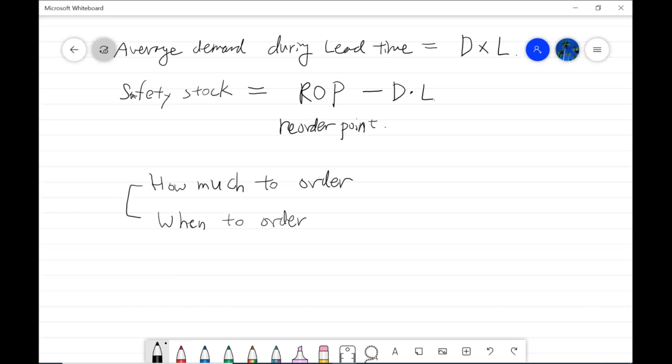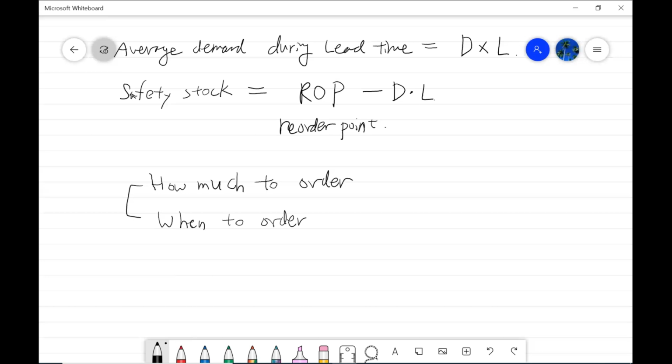Okay, so that is about how we can decide on how much to order and when to order under the continuous review system and the periodic review system. Later on.